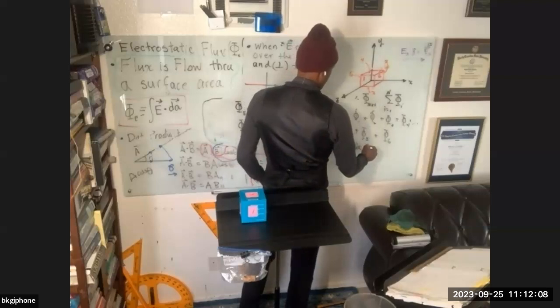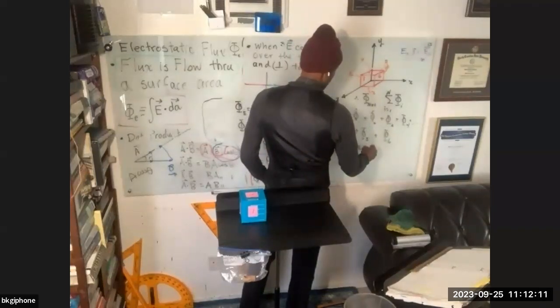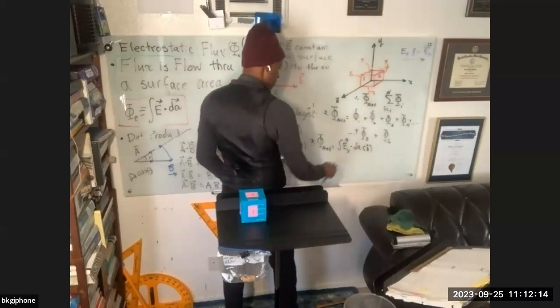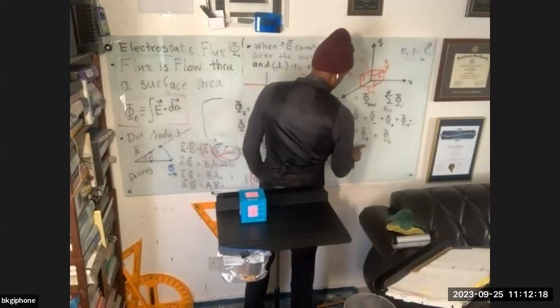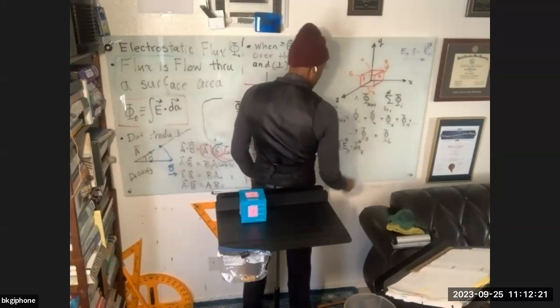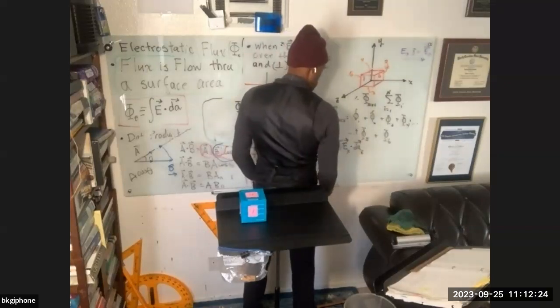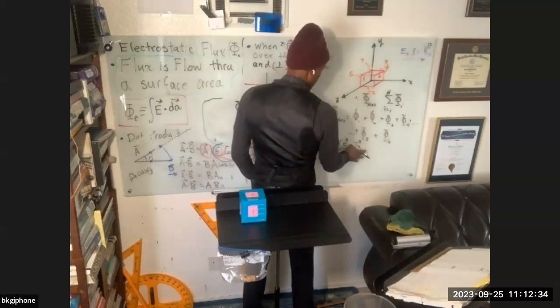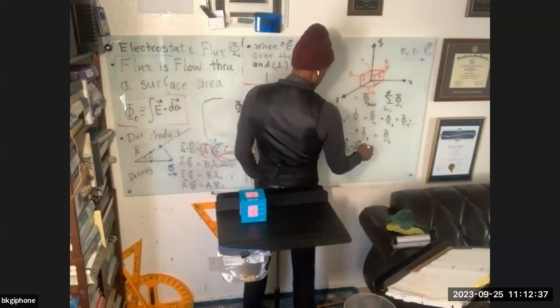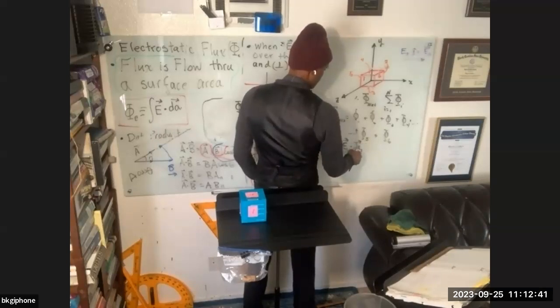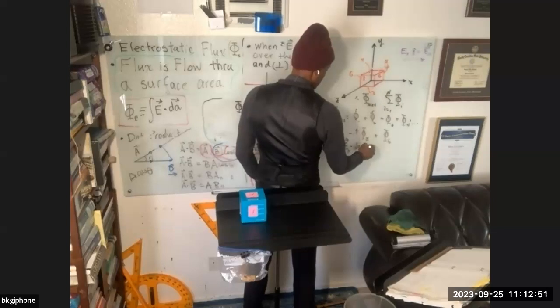So that would be unit vector, positive k hat for the A. Just so you could associate a side with an area, I'll put dA1, and then that's going to be along the positive k hat direction.